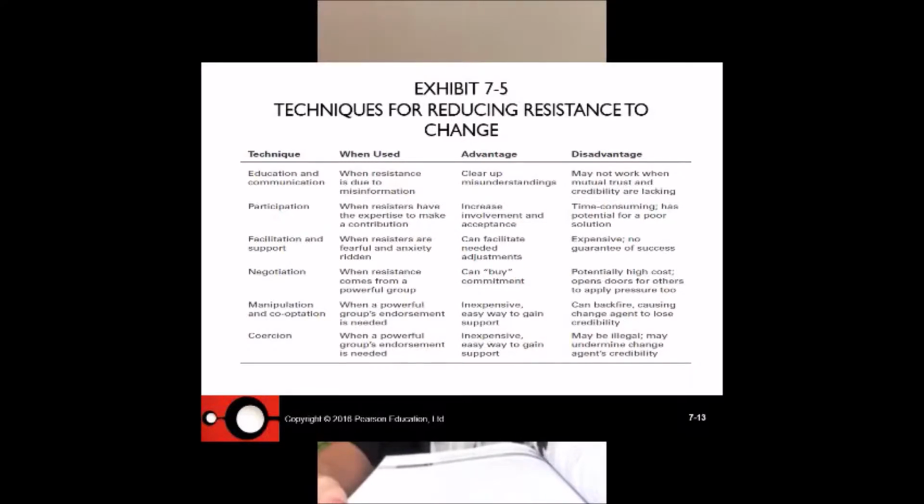Next, manipulation and cooperation refer to covert or open influence of others about the change. And finally, coercion can be used to deal with resistance to change. Coercion involves the use of direct threats against the resisters.